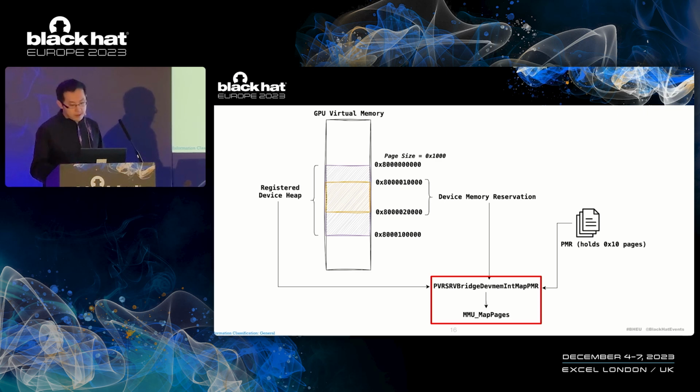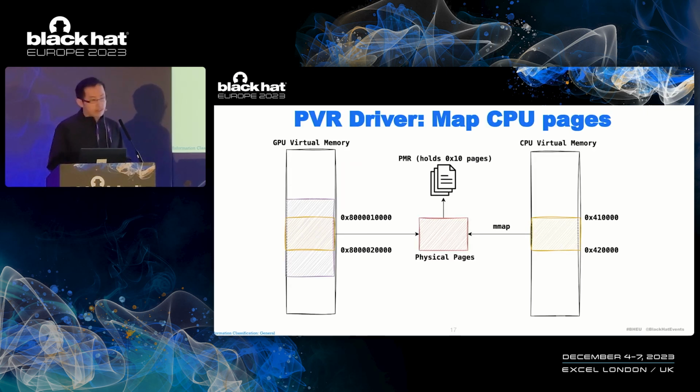In addition, we may map physical pages to the CPU virtual memory space if the driver allows us to do so according to several memory flags. And similar to other GPU drivers, we can just pass the handles, in this case the PMR handle, to the mmap syscall to map physical pages to the CPU virtual pages.